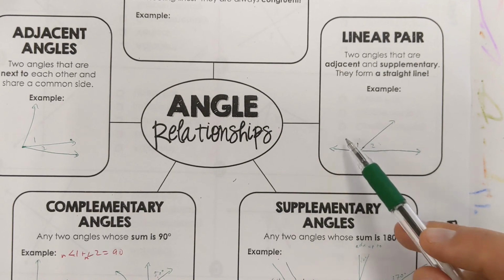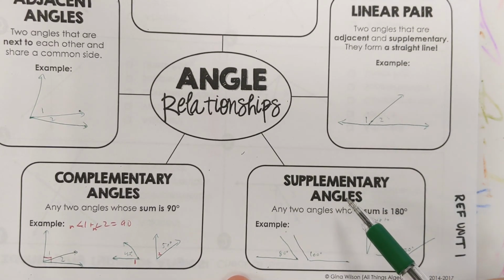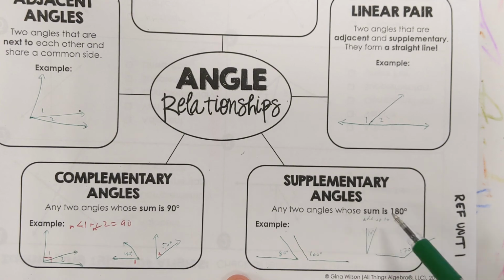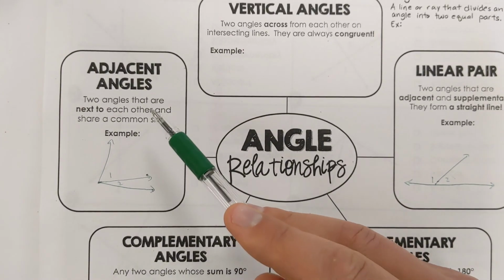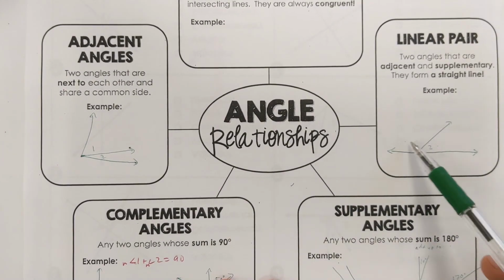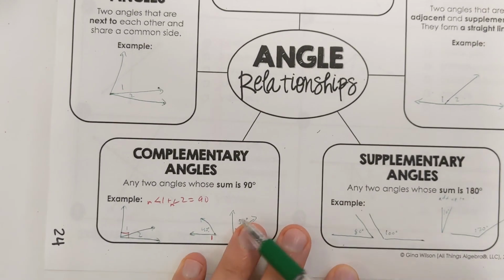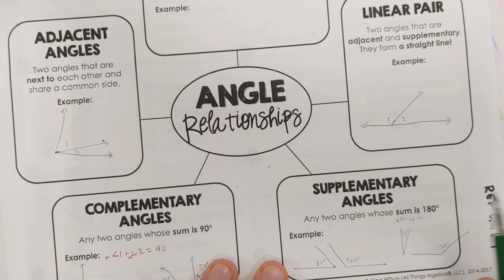All linear pairs are supplementary, but not all supplementary angles are linear pairs. So supplementary angles add up to 180. Complementary, add up to 90. Adjacent, they're just next to each other. Those are adjacent. These are adjacent. Okay.